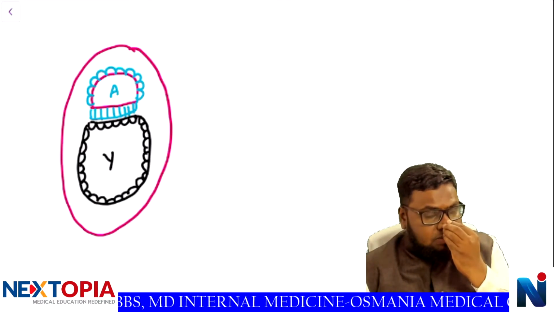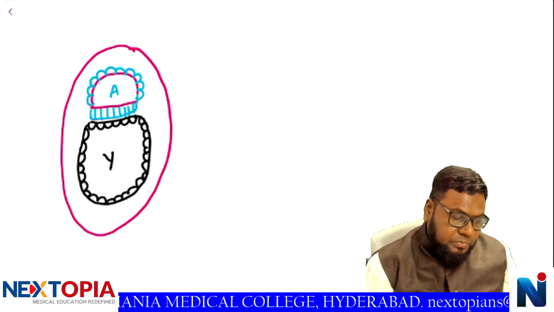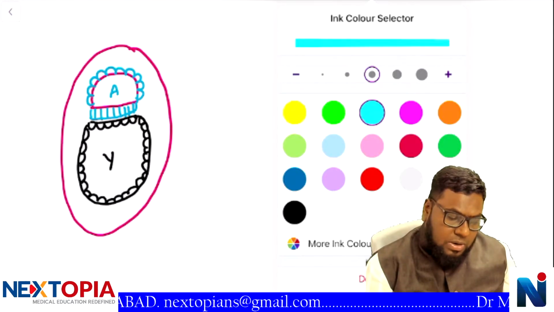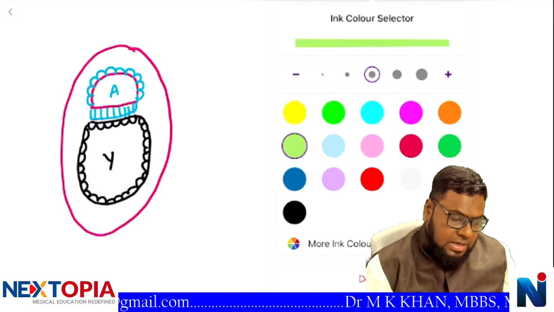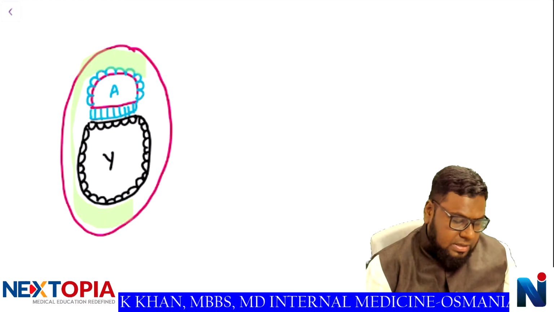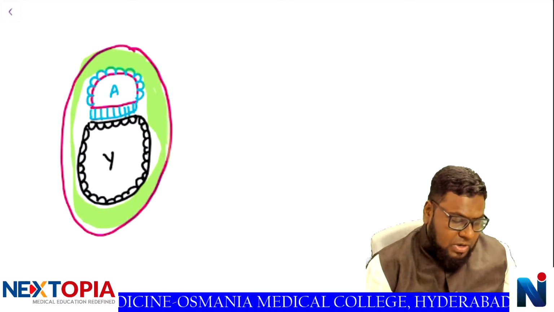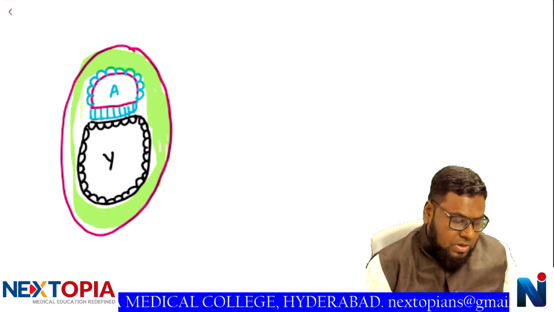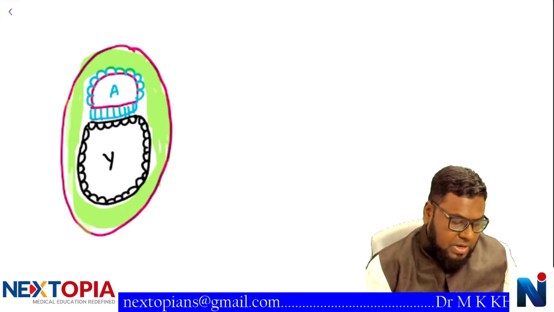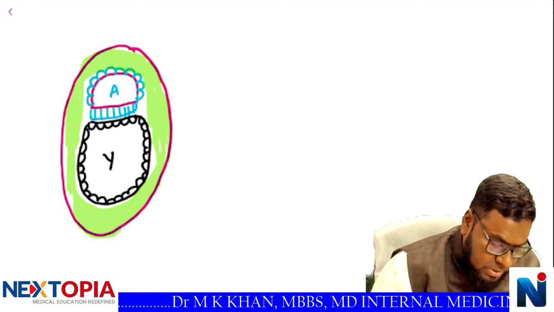Now there is one more cavity that is visible to you, and I'll draw it with a different color. This cavity is outside the embryonic disc, and because it is outside the embryonic disc, you are calling this area extra embryonic mesoderm.